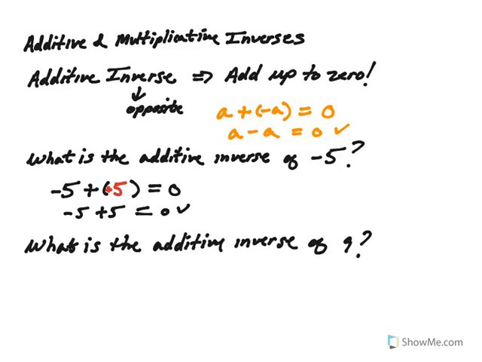Again, we start off with what we have, 9, and then we're going to add the additive inverse. The inverse of 9 is -9, and that should sum up to 0. If we simplify the signs, a positive and a negative is a negative, 9 minus 9 is in fact 0, so we get the sum of 0, and that's the additive inverse. It's a pretty easy thing to do. Not much to it at all.